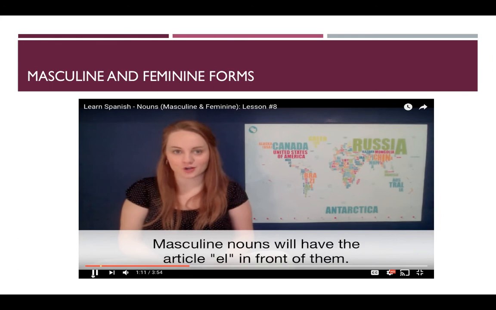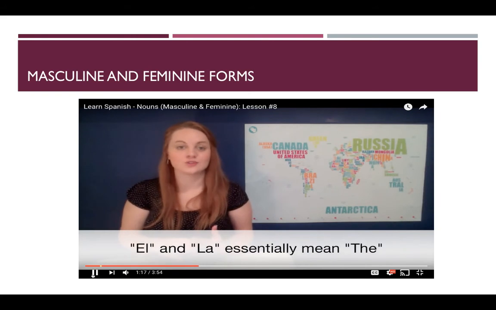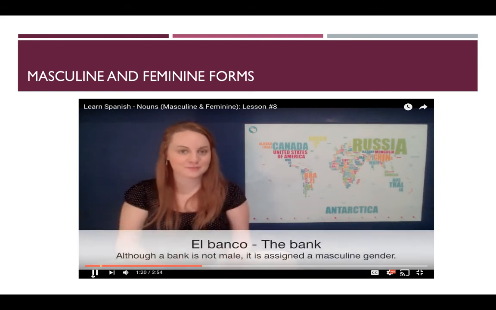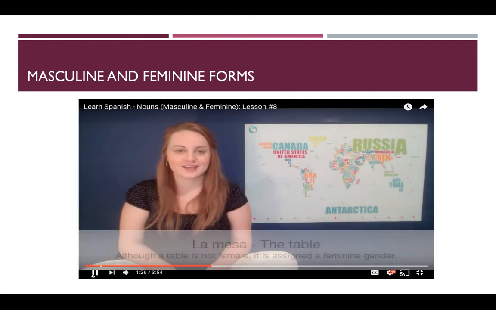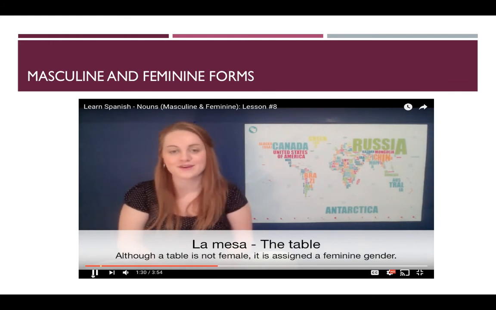Masculine nouns will have the article el in front of them, and feminine nouns will have the article la in front of them. El and la essentially mean the. For example, the noun el banco means the bank, and although a bank is not male, it is assigned a masculine gender. And the noun la mesa means the table, and although a table is not female, it is assigned a feminine gender.